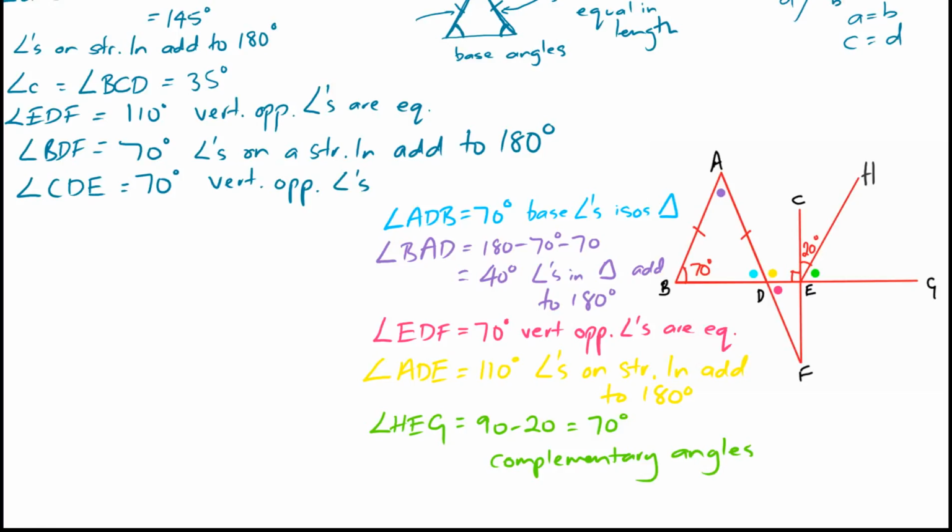Then we have a straight line here, which means that yellow dot there, representing angle ADE, must add up to 180. So this angle here, the pink one, the pink dot, is 70. Therefore, this must be 110, so that those two angles add up to 180.